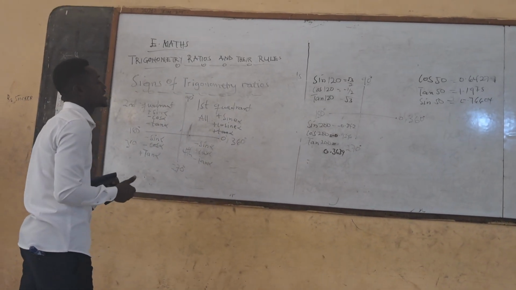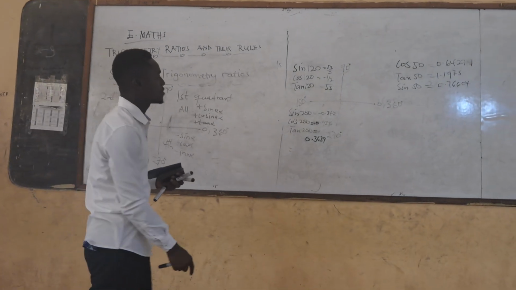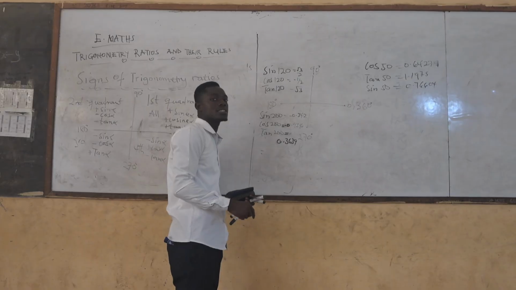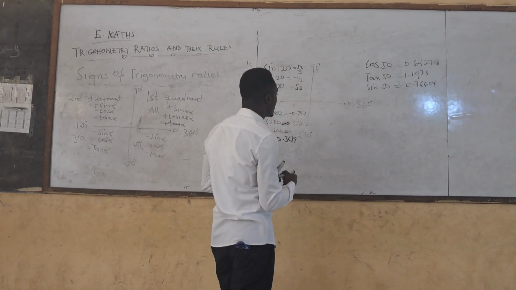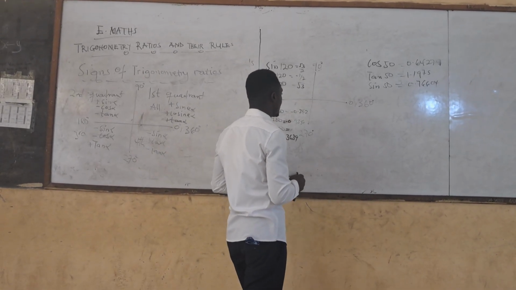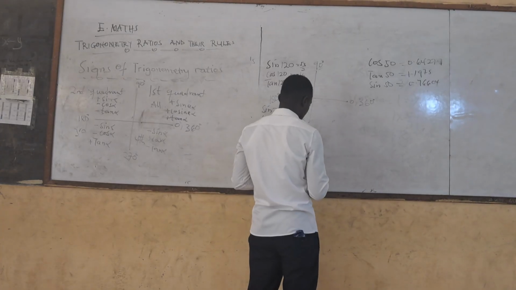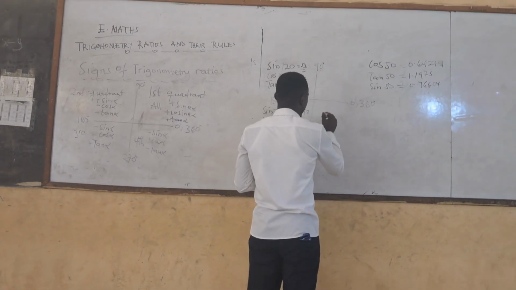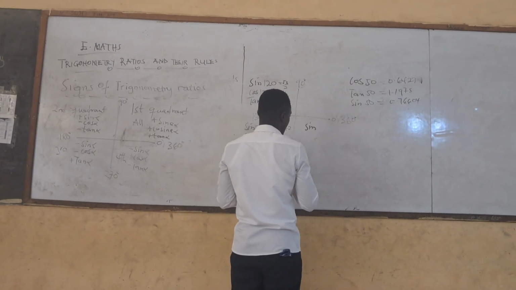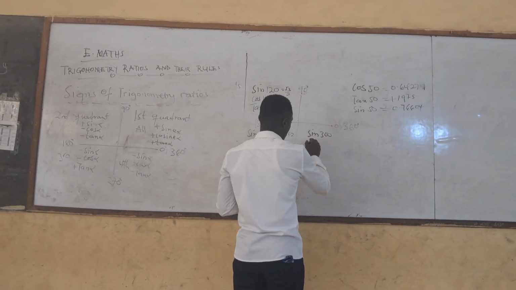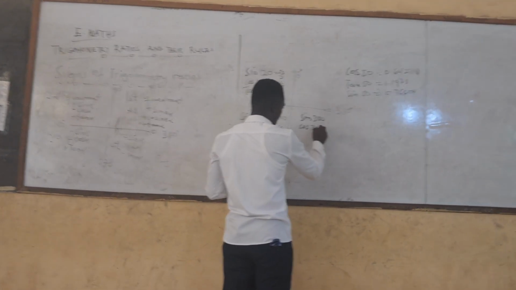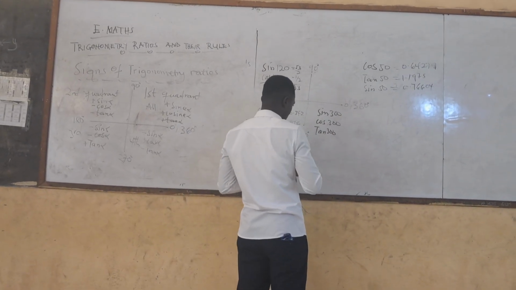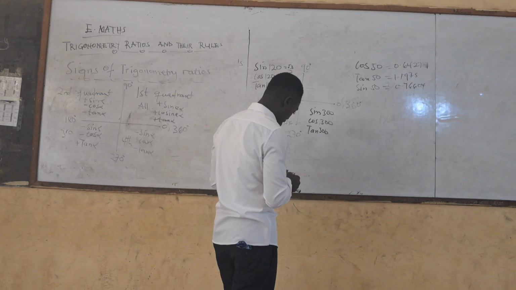Then, let's consider the fourth quadrant. The fourth quadrant from 270 to 360, only cos is positive. So let's take a value like 300. So we take sine 300, cos 300 and tan 300 and see which one is positive there.